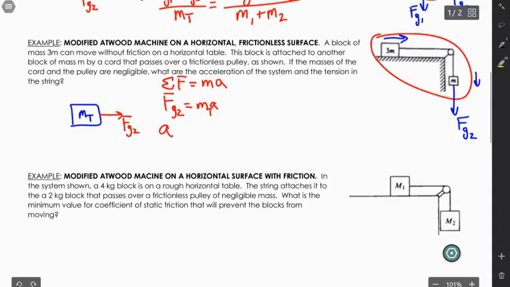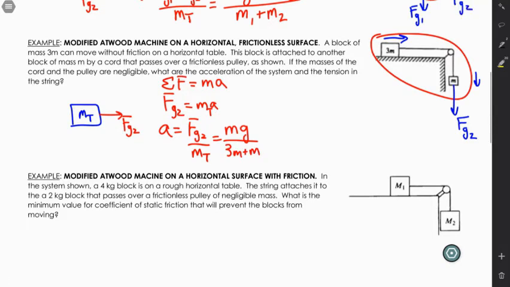And so to find the acceleration, it's going to be Fg2 over mt, over total mass. So Fg2 is mg over total mass, so 3m plus m, which is 4m, right?